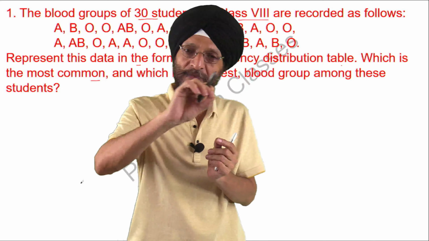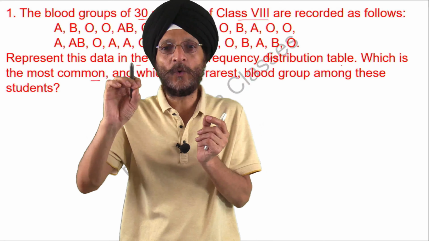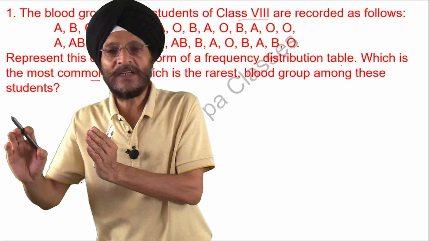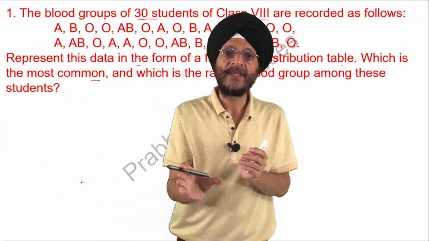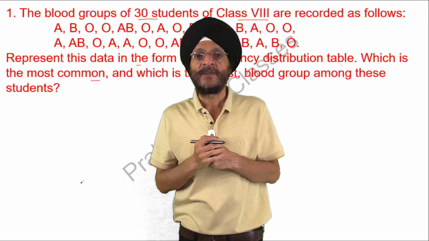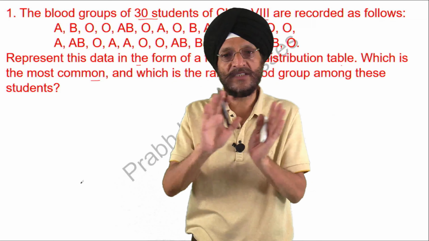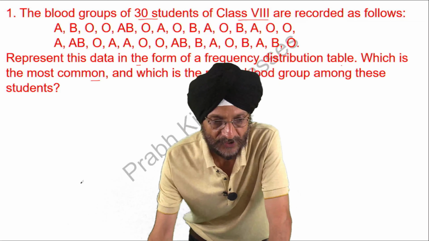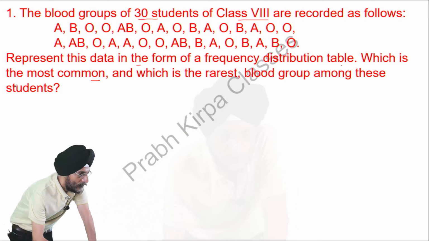For each blood group, we count the number of students and represent the same in the form of a table. Now we will solve this question.